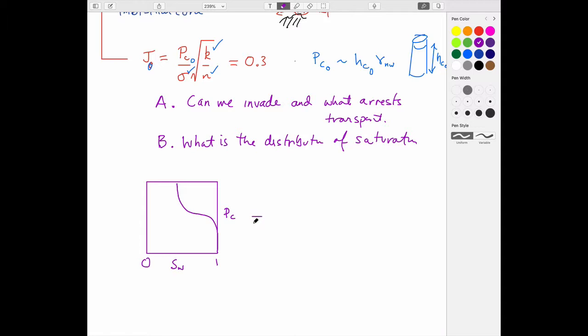And we did actually just transform these by changing it around into these Brooks-Corey curves. So this is what we will call, is it 2 P's? I don't think so.